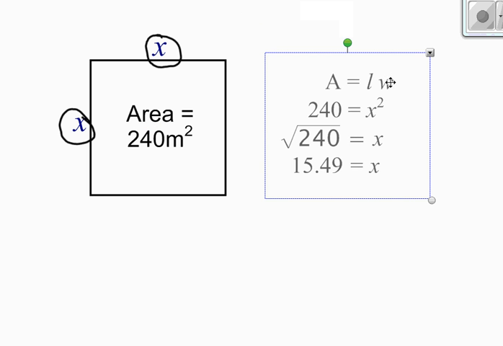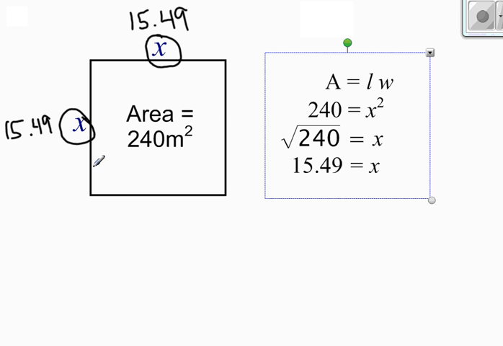Length times width is x times x, which is x squared, and the area is 240. So x squared equals 240. Taking the square root, I get a value for x of 15.49. So that means that the perfect square that I could create out of an area of 240 is 15.49 by 15.49.